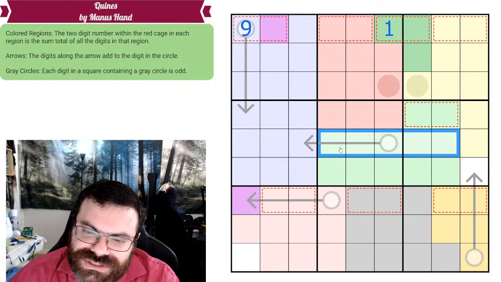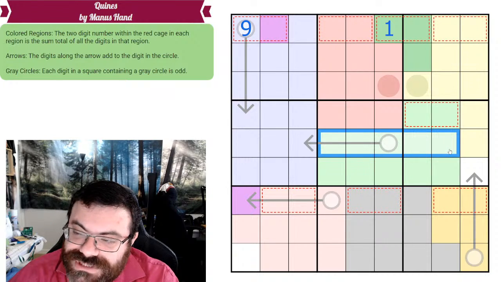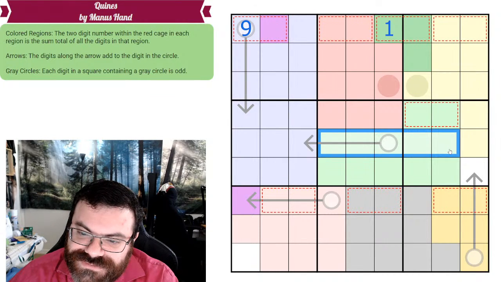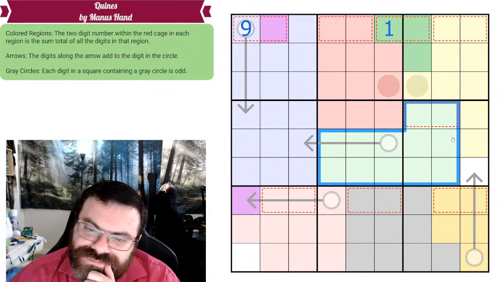So the 5 digits, so naively, let's do a naive version first. 5 digits are 1, 2, 3, 4, 5 adds to 15. So naively, this is minimum 30. So that would mean that this is at least a 3, making it 33, plus 1 would be 34.